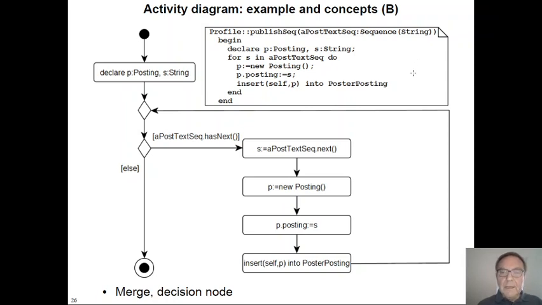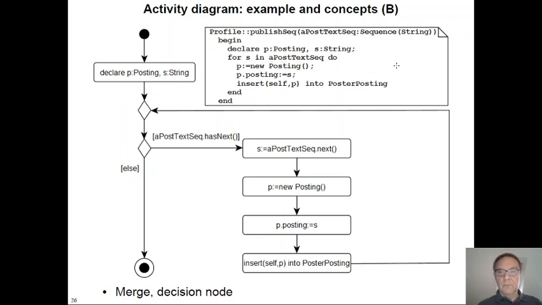What is going on in the operation is as follows. We declare 2 variables. P is a posting, S is a string. And with this variable S, we iterate over the sequence of strings that is given here as a parameter, the post text sequence.